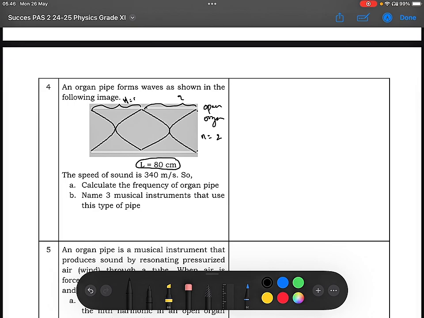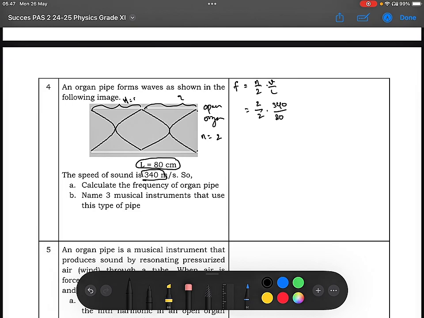Okay, if the speed of sound is 340 meters per second, calculate the frequency. Okay, because this is an open organ, n over 2, v over L. This n is 2 over 2, v 340, and L is 80 centimeter.